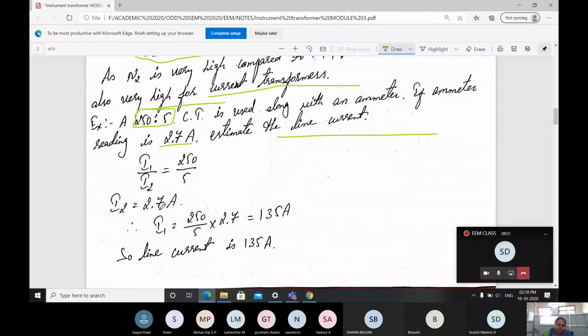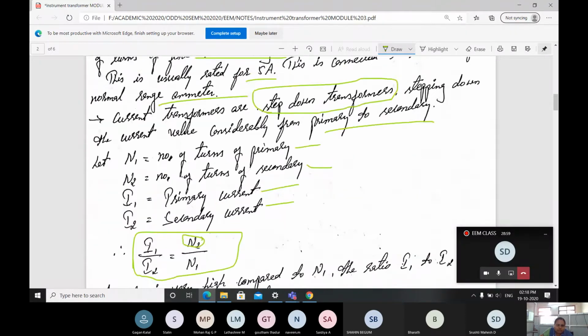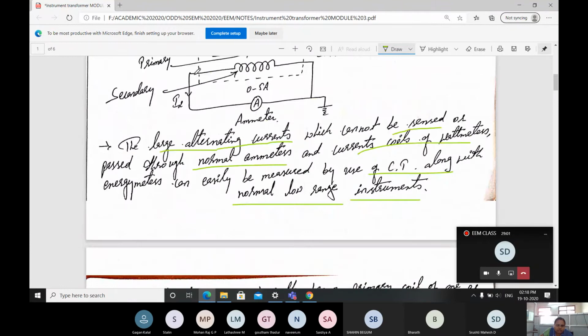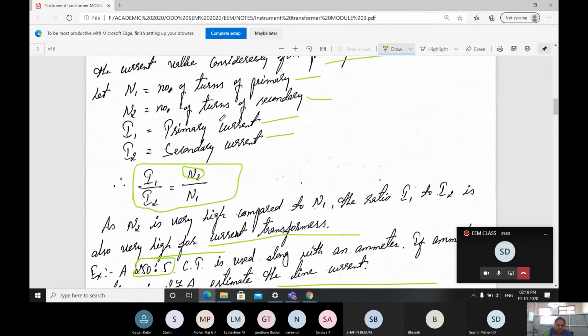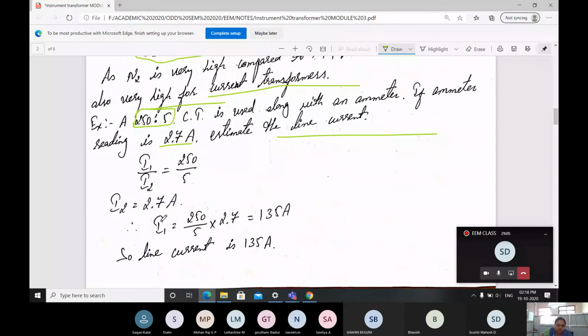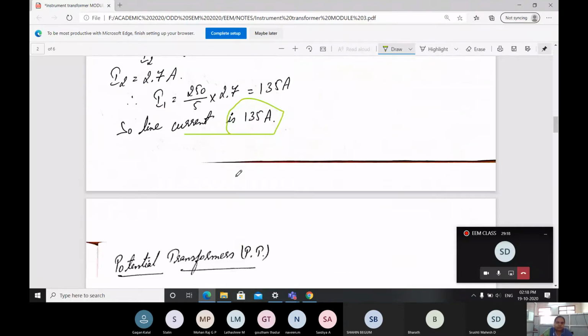I2 is taken as 2.7 amps because the ammeter is connected across the secondary. Therefore I1 is equal to 250/5 into 2.7, which gives 135 amps. This is your line current. This is a small example that is given.